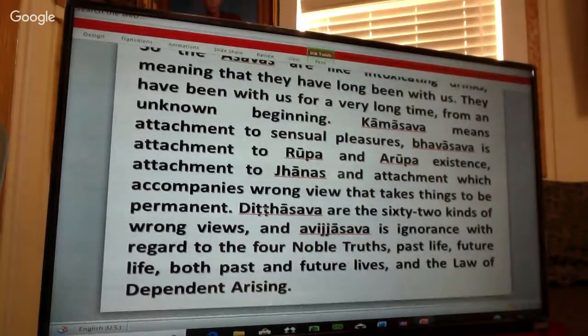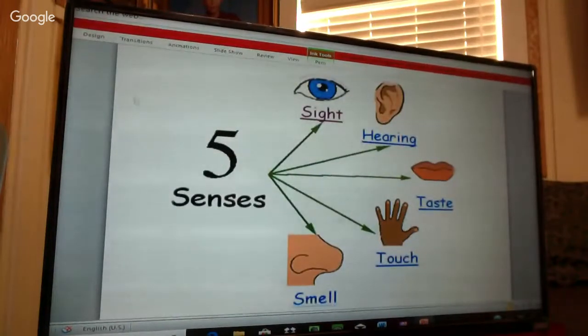Okay, so here, after seeing, hearing, tasting, touching, smelling, these five things, attachment to the five things we call kamasava.